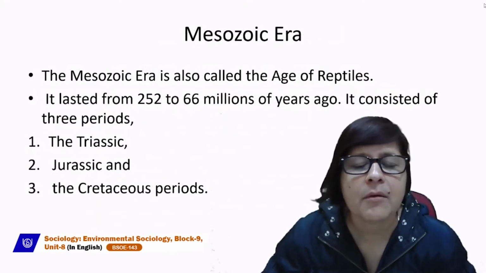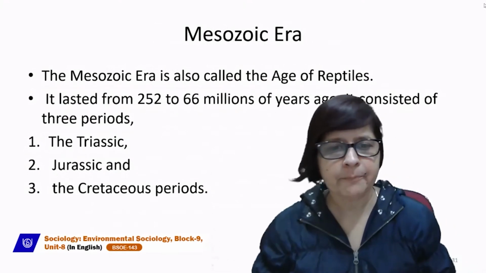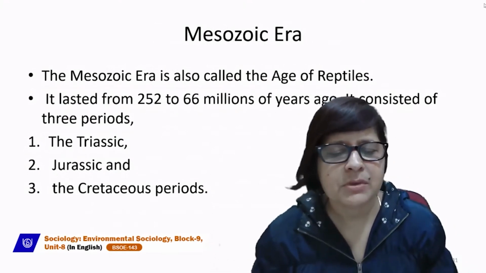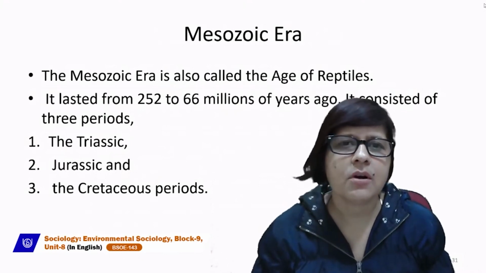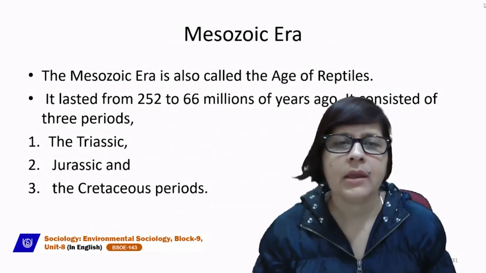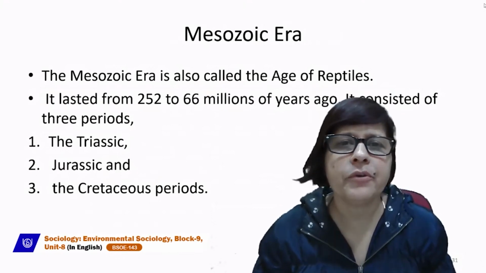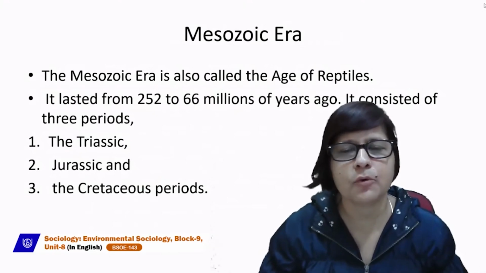And then comes Mesozoic era. The second era is Mesozoic era. The Mesozoic era is also called the age of reptiles. It lasted from 252 to 66 million years ago.